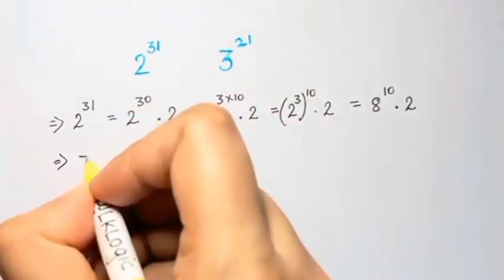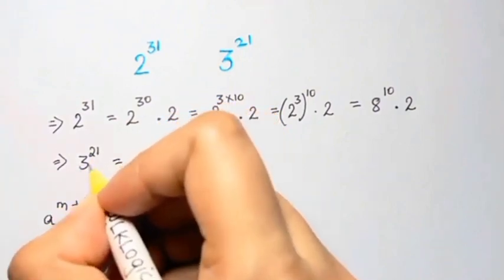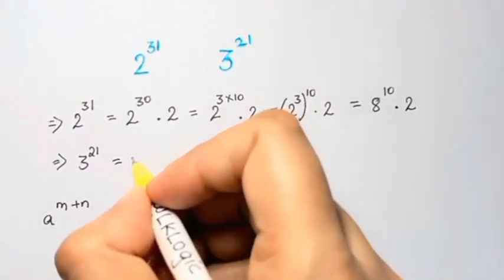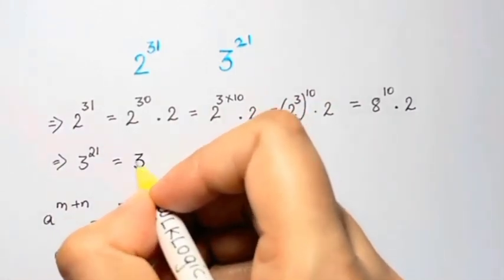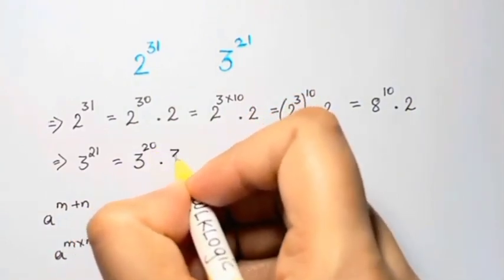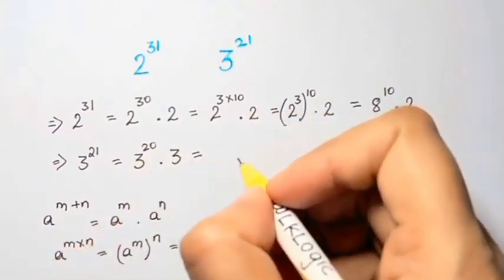Now let's solve for this part. We have 3 to the power of 21. Using the same law, we can split it into 3 to the power of 20 times 3. When you add up the powers, 20 plus 1, you get 21 back.